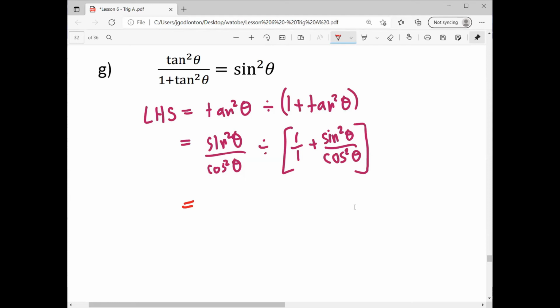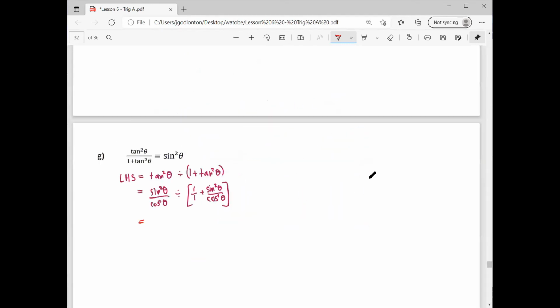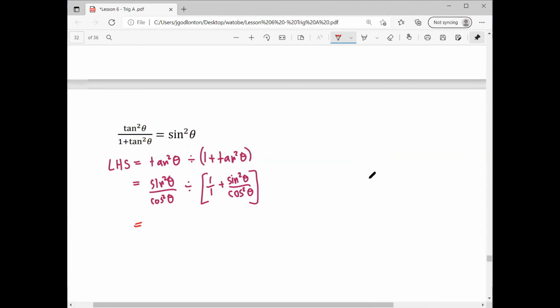Try to get a common denominator in that second fraction and see what happens. Oh, sorry, my screen has gotten a life of its own.